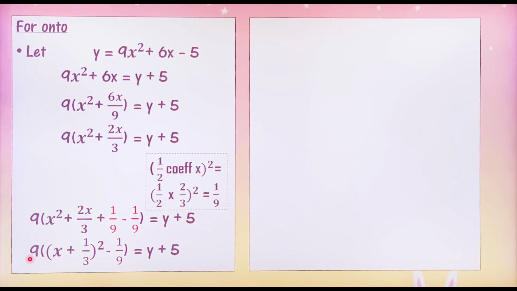That is 9[(x + 1/3)² - 1/9] = y + 5. Open the outer bracket with 9, we get 9(x + 1/3)² - 1 = y + 5.